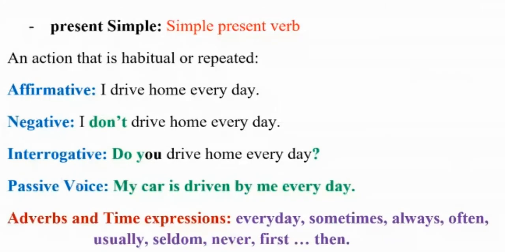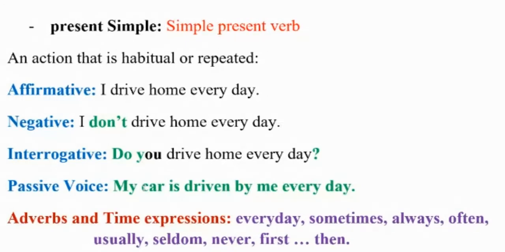In the passive voice, if you remember, we have the object becoming the subject. So if I drive home, we can say, my car, of course, I drive by using my car. So my car is driven by me every day.